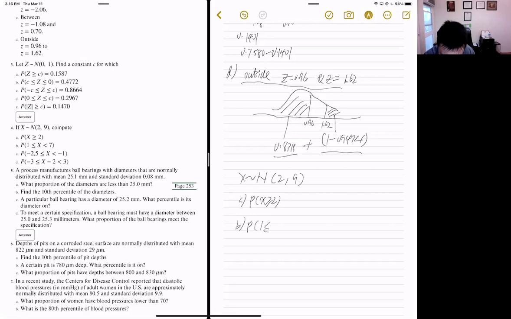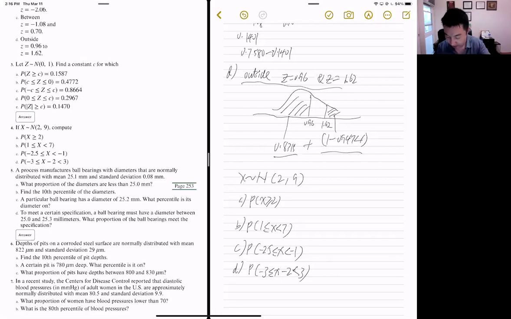C is also between two values. D again. Okay, so how to answer this question?